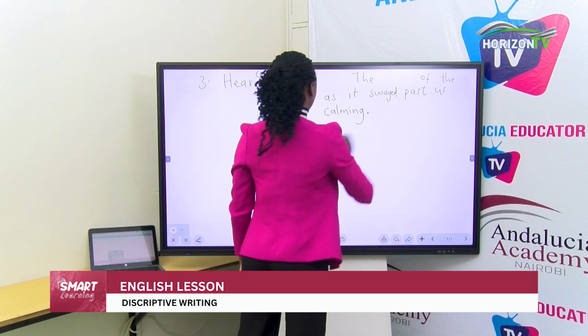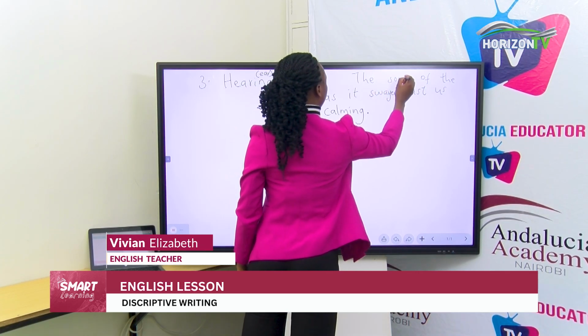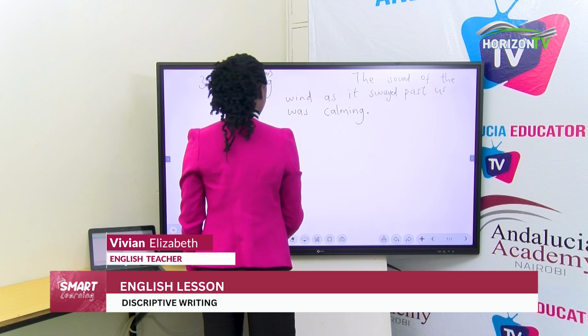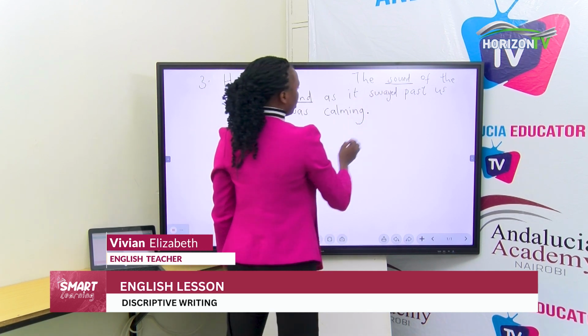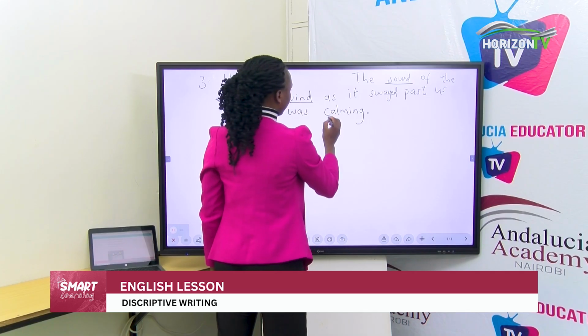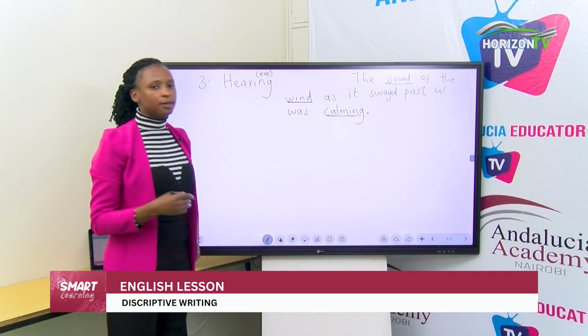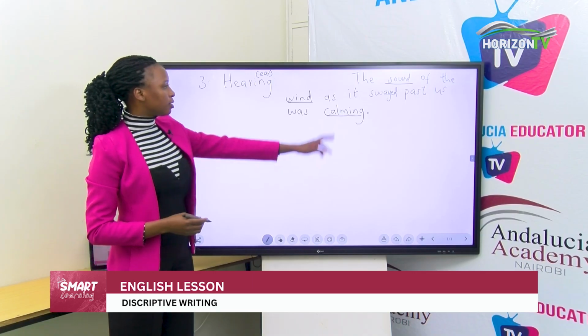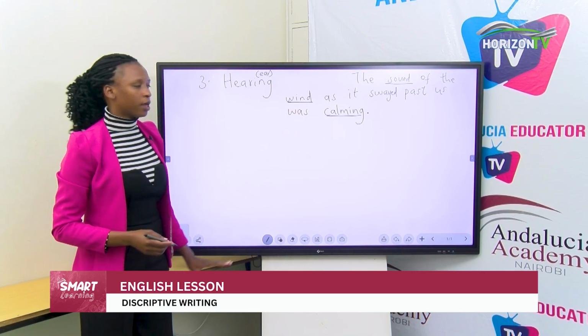We have sound, we have wind, and then we can have calming if you want to be more descriptive. Of course, you're looking at descriptive writing. So we are having: the sound of the wind as it swayed past us was calming.